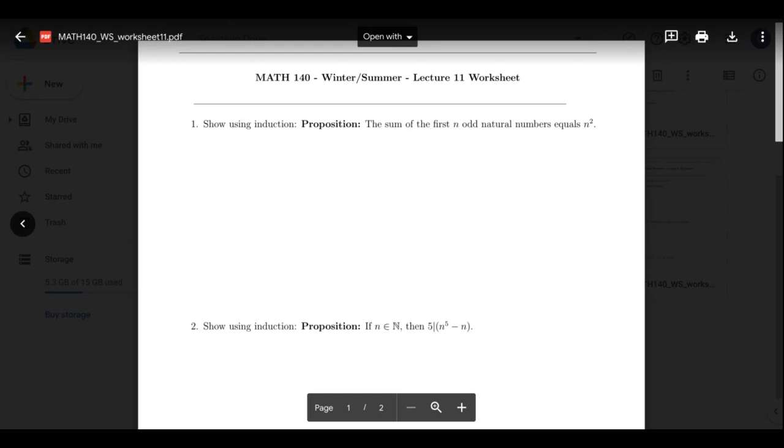Yeah, P of 1 is a statement. If n equals 1, then 1 equals 1 squared.